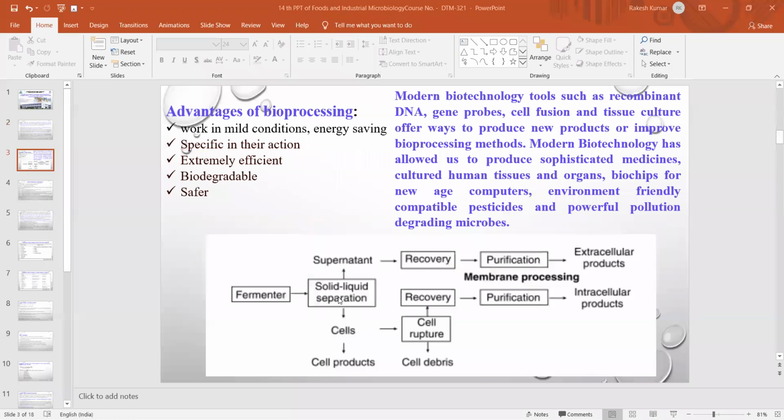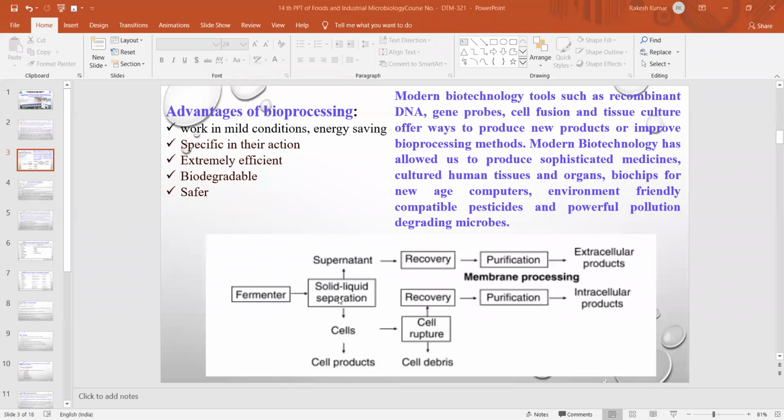Now, what are the advantages of bioprocessing? You can handle it in mild conditions. At the same time, you can save energy. It is very specific in its action because you are selecting a particular type of substrate, and at the same time, you are selecting a particular type of microorganism for achieving a certain type of change or a particular type of product after that fermentation process.